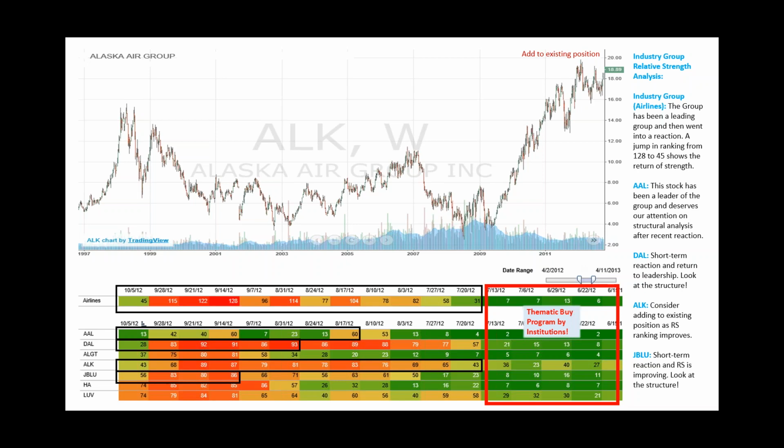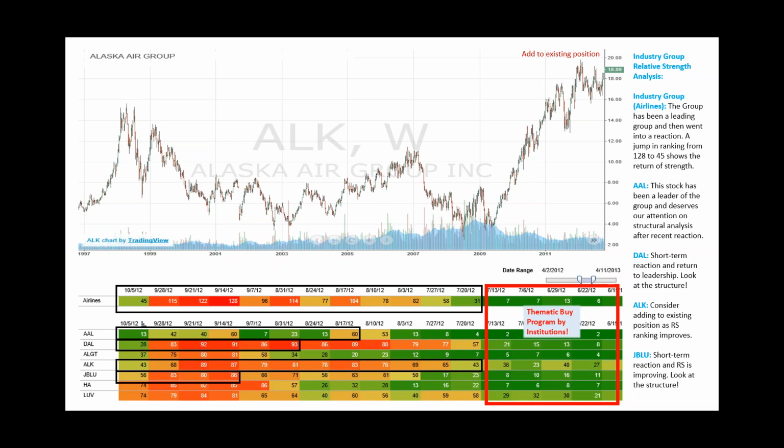And therefore, there are going to be other opportunities in other stocks in the same industry group that are going to be structurally sound, that are going to be evolving into leadership material as well.